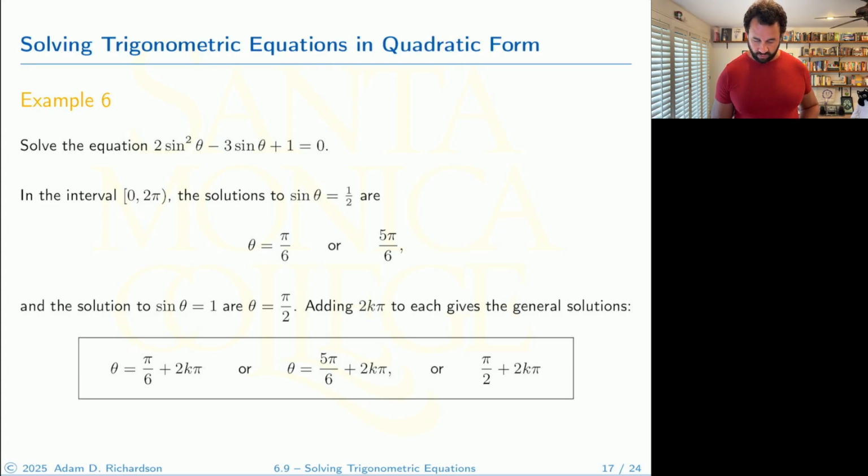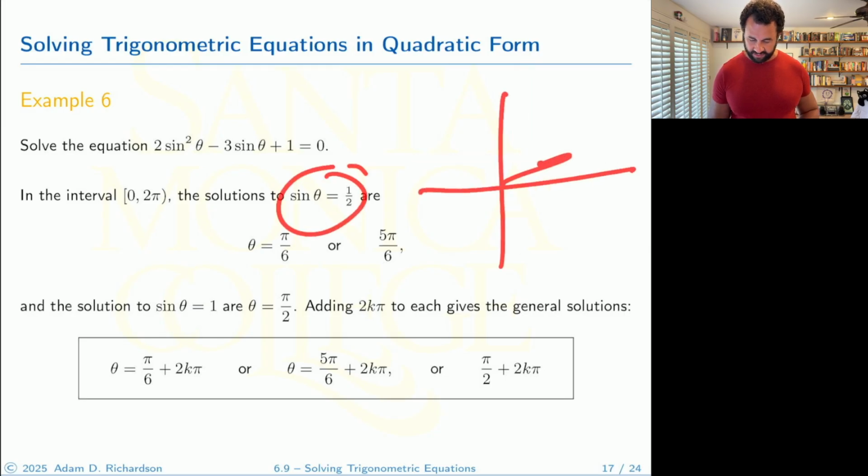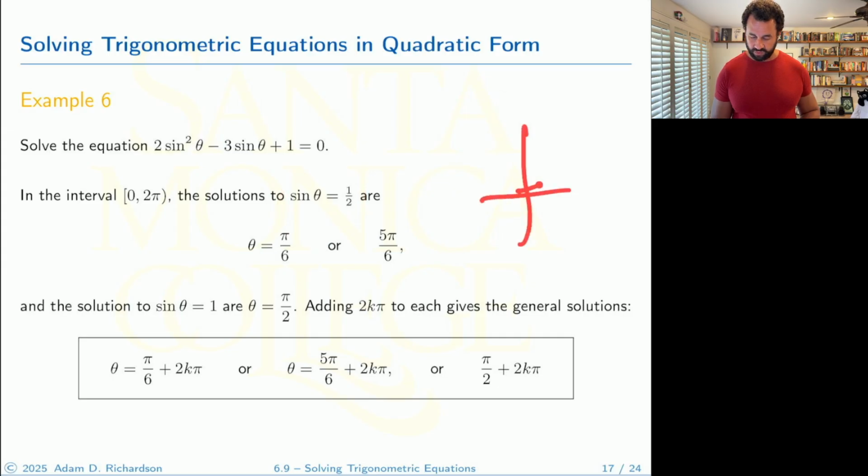Okay, so looking at the first equation here, sine of theta equals 1/2 when theta equals pi over 6, or 5 pi over 6. Imagine the unit circle, right? Sine of theta is 1/2. That's going to be this one because sine is the short leg, or this one because sine is the short leg. That first one, pi over 6, 5 pi over 6.